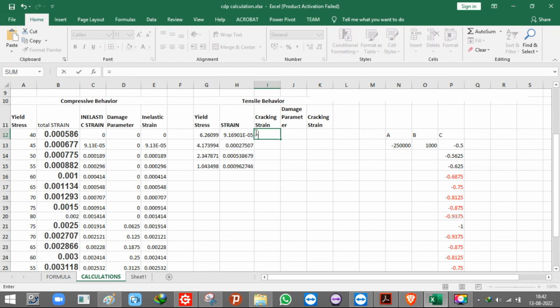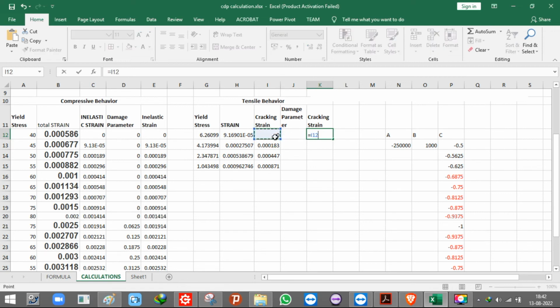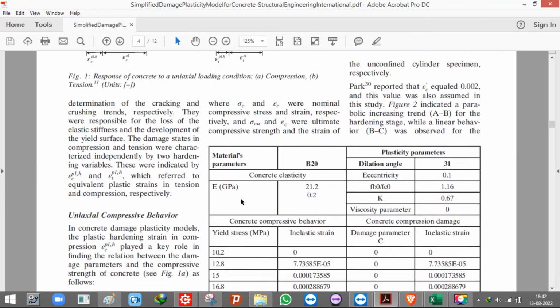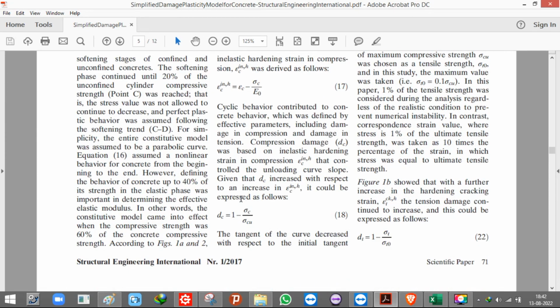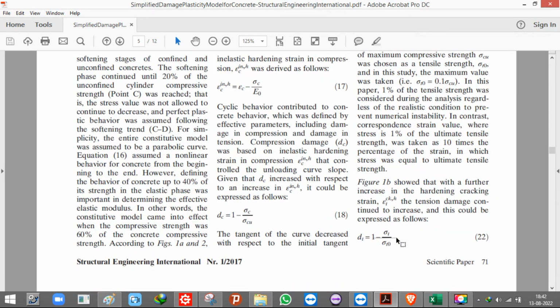Cracking strain will be this minus this value, and this value shall be constant. So this is my cracking strain. And damage parameter, the equation that has been given over here, dt, is 1 minus sigma t upon sigma t naught.